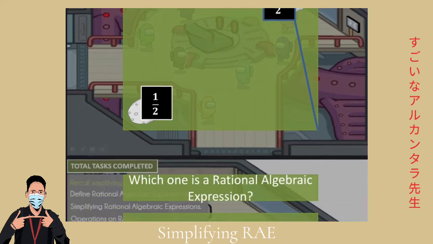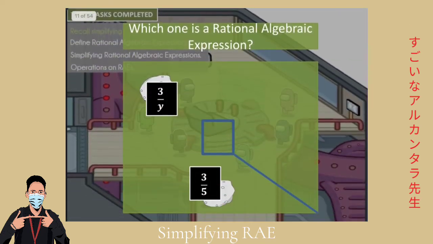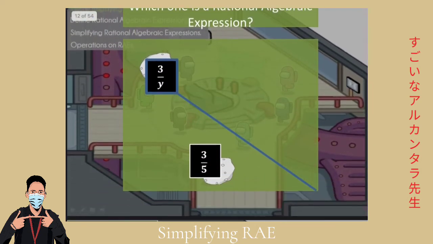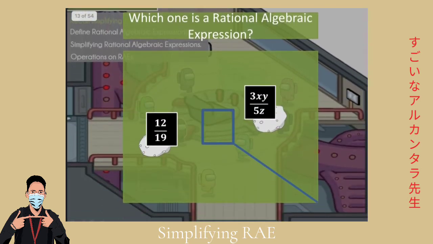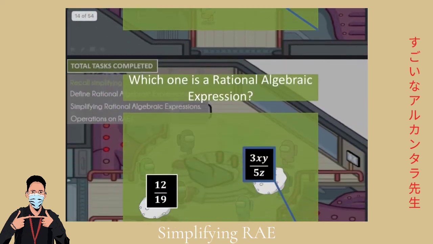Similarly, if we continue, what's the RAE between 3 over y and 3 over 5? It's none other than 3 over y. And lastly, what's the RAE between 12 over 19 and 3xy over 5z? It's none other than 3xy over 5z.